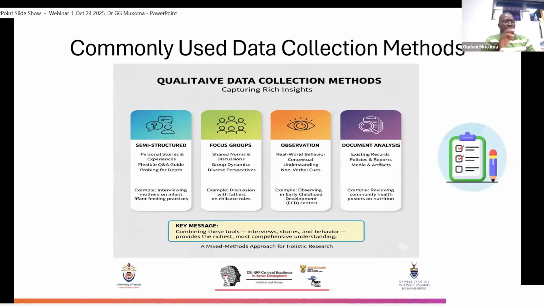And then the next type of data collection method is observation. This is where, as a researcher, you take field notes on the behavior and activities of individuals at a specific site. So this entails systematically watching and recording behaviors and interactions as they occur naturally. This tells you that you do not manipulate anything, if we are talking in the sense of quantitative research. Everything has to happen in its own natural way.